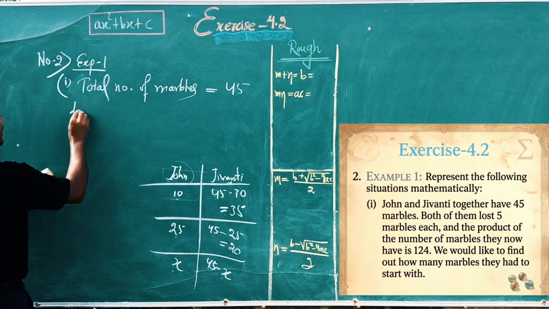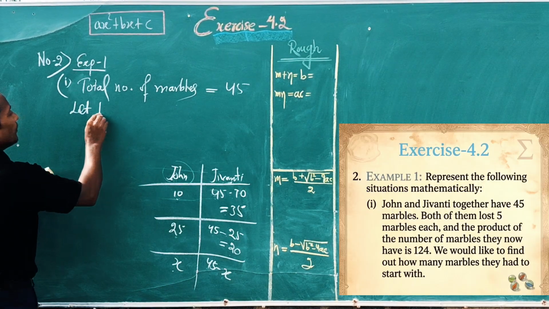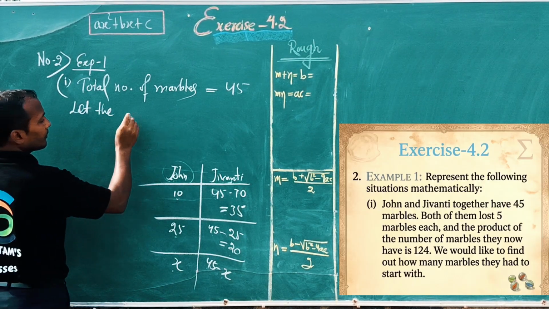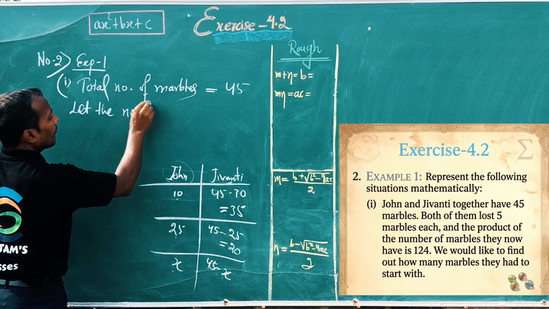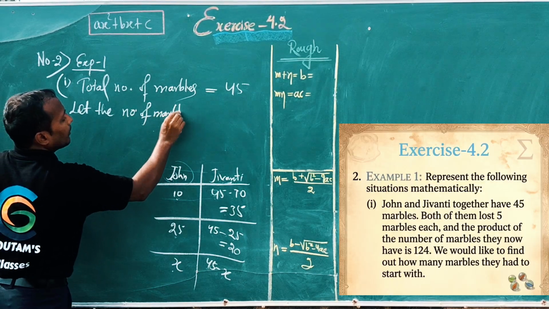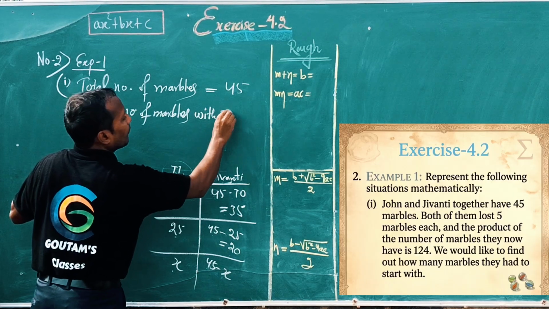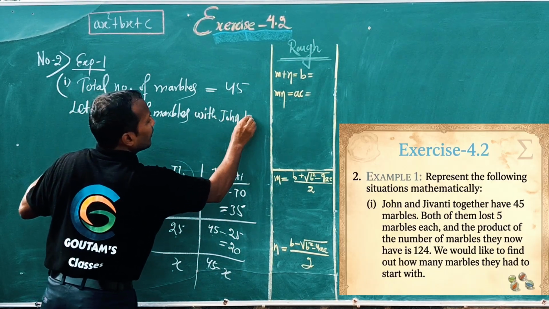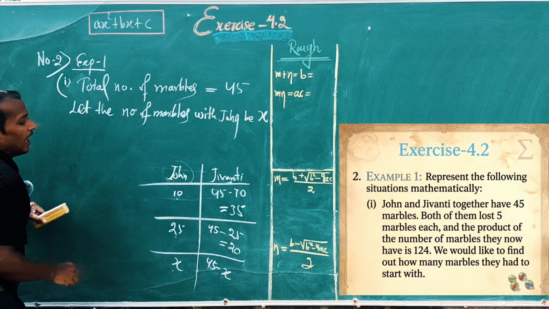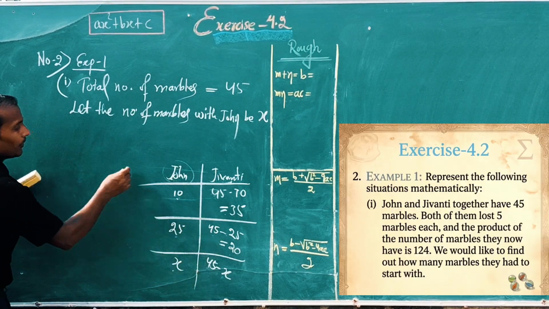So we will take, let the number of marbles with John be x. Then how many marbles does Jivanti have according to our discussion?